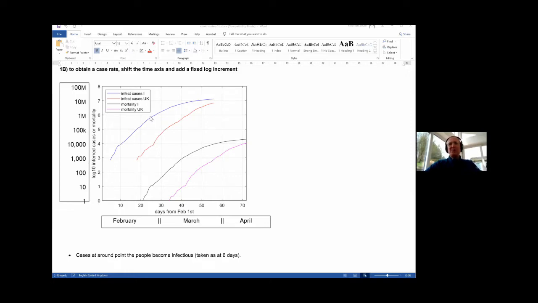So what I wanted to do is plot the number of cases at the point at which people were becoming infectious. And you could argue, no, the course of the disease to death is longer, so these curves should be moved a bit to the left.